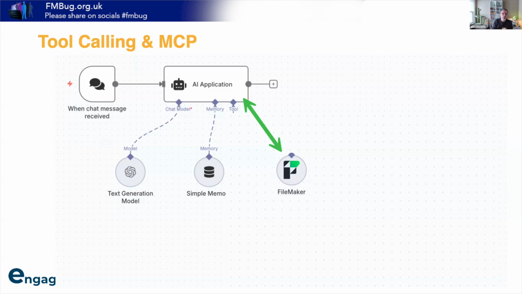Your own API integration to FileMaker from inside the AI application makes it very tightly coupled, and that integration would then only work from that AI application, not from another AI application or workflow that you may want to build.